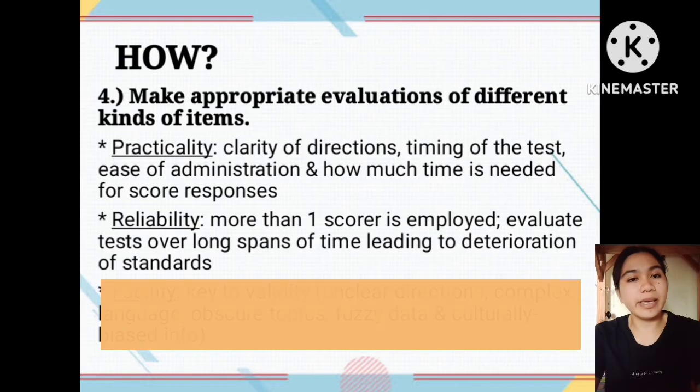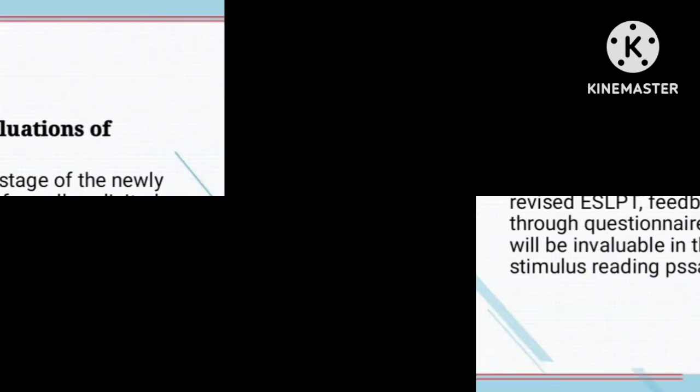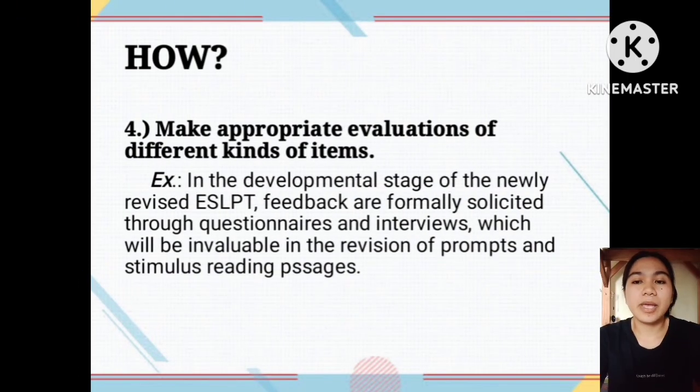And then facility is also a key to the validity and success of an item type, like unclear directions, complex language, obscure topics, fuzzy data, and culturally biased information may all lead to a higher level of difficulty than one desires. So, for example, in the case of the open-ended responses on the two written tasks on the ESLPT, a similar set of judgments must be made.